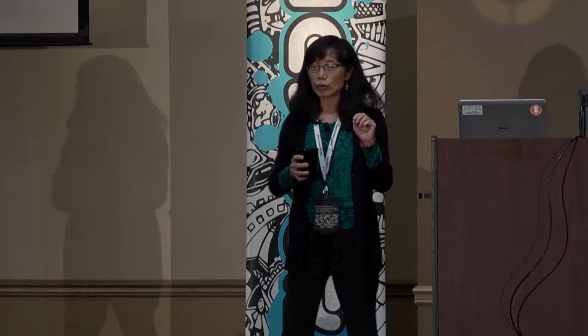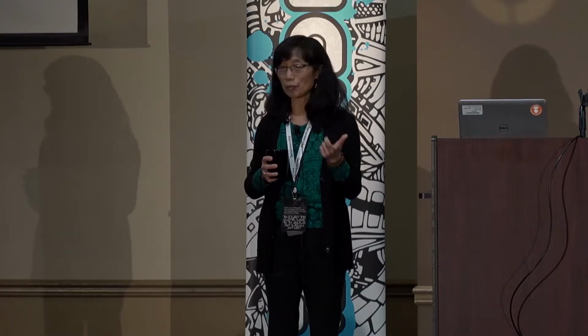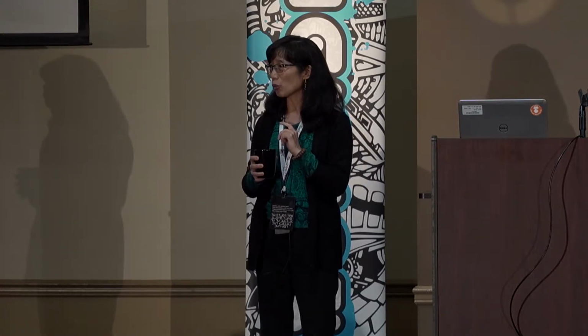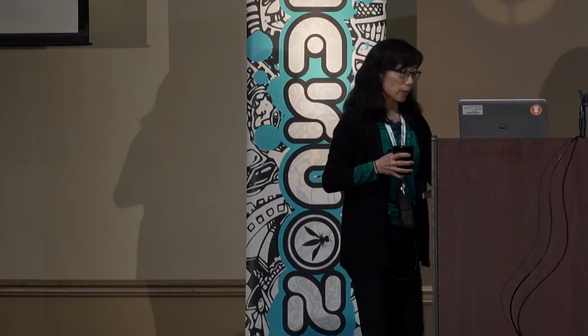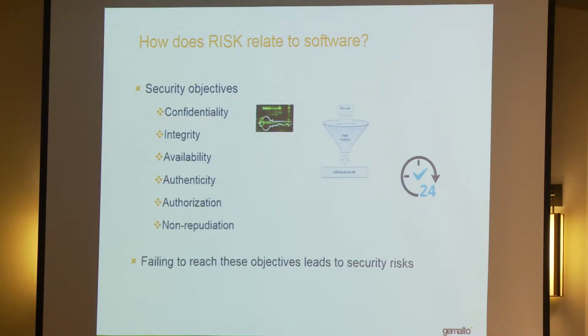Now, we're talking about risk, we're talking about management, we're talking about business. How does it have anything to do with software? So when we build a product, again, regardless of what kind of software product you're building, we need to have security objectives. The most basic objectives, I assume because we're attending a security conference, remember CIA?